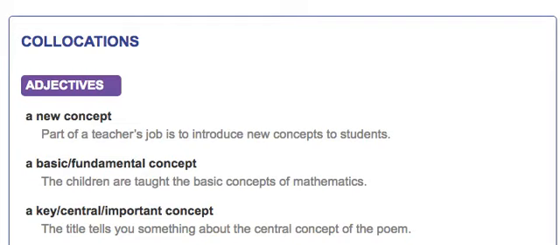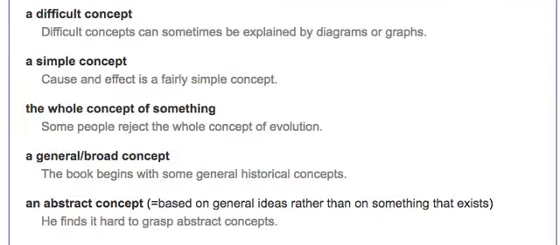Next one, a key or central or important concept. The title tells you something about the central concept of the poem. A difficult concept. Difficult concepts can sometimes be explained by diagrams or graphs.